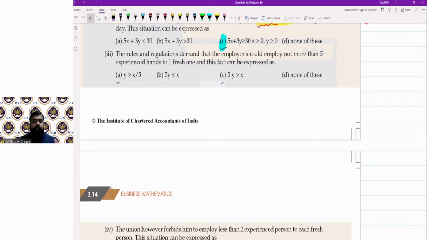So here we can take 5Y should be greater than or equal to X. So not more than 5. So we can take 5Y greater than or equal to X. And if we want, we can send this 5 into the denominator. It will become Y greater than or equal to X by 5. So we can select either option A or option C. Both are correct. Both have exactly the same meaning.